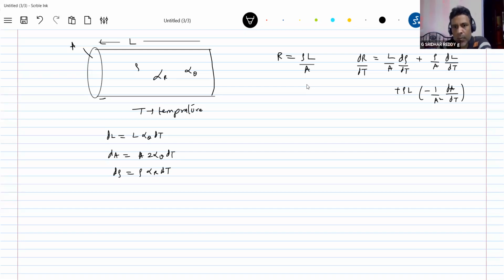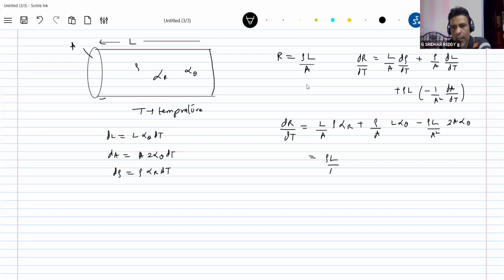So let me substitute all the things. dR by dT is L by A and d rho by dT, where d rho by dT is rho into alpha R, plus rho by A dL by dT, which is L alpha theta, minus rho L by A square dA by dT, which is 2A alpha theta.